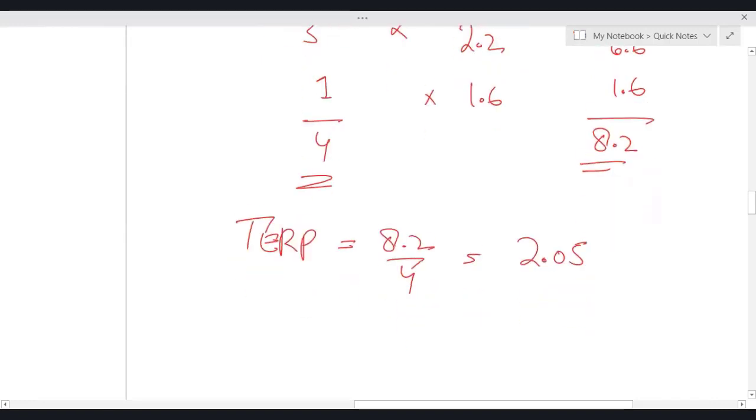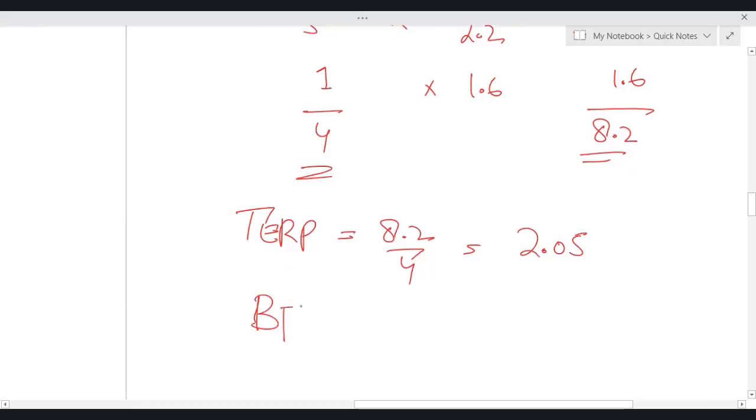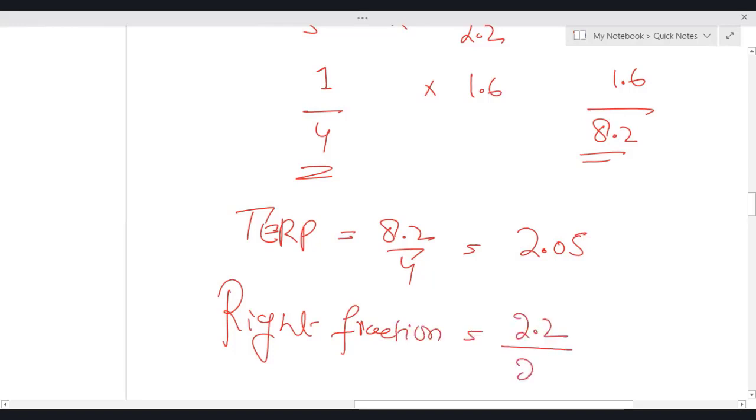So here comes the bonus fraction in the rights issue, or you can say the rights fraction: 2.2 upon 2.05. How do we restate last year's EPS, the previous year EPS? All you need is just to multiply the previous year EPS by the inverse of the rights fraction.